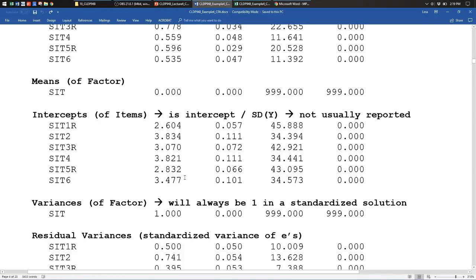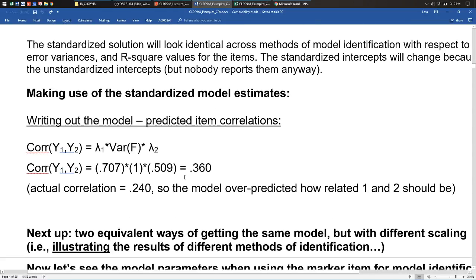Okay. So here then, in using the standardized model estimates, the job of the previous solution, unstandardized, was to recreate the model variances and covariances. The job of the standardized solution is to recreate the correlations. So we can do the same thing. The correlation between y1 and y2 is the standardized loading for y1 times the factor variance that's been standardized to 1 times the loading for y2.